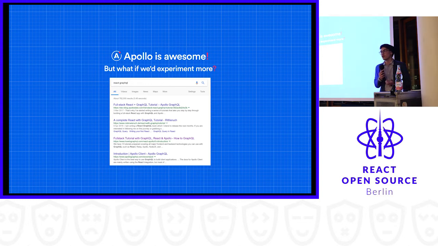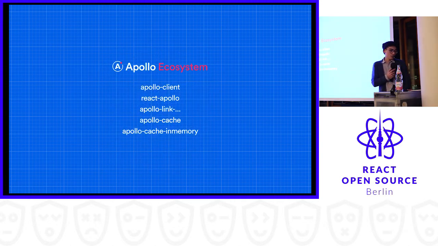Because surely, if you have something like GraphQL, which mainly starts on the back end and is then consumed by a front end, surely there's not just one way to consume it, there's not just one way to use this API. And if we look at the Apollo ecosystem, while there are a lot of libraries around Apollo and how you can use them, there really isn't that much that shows you experiments, what you can do.